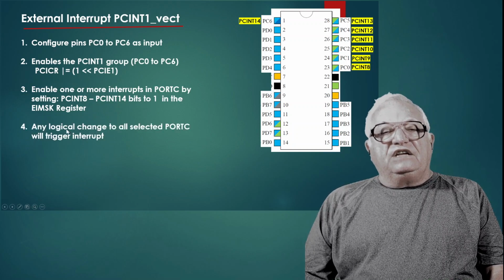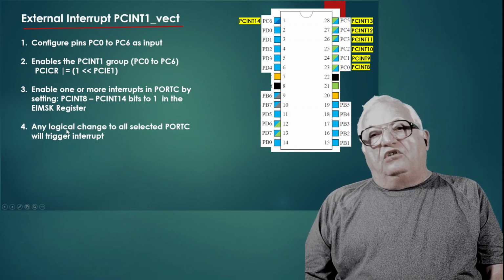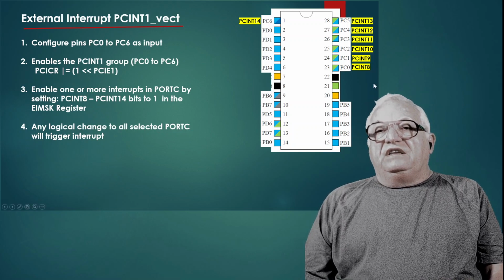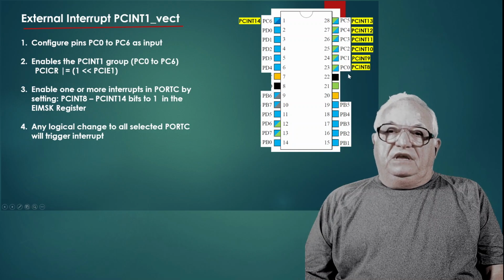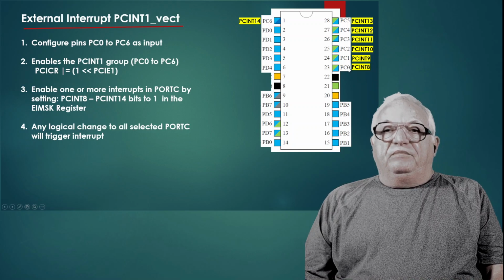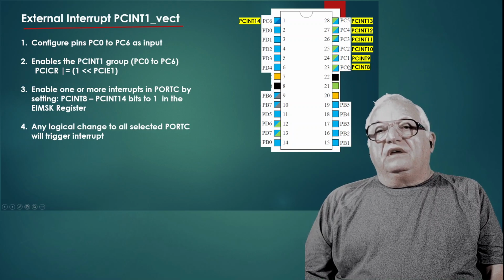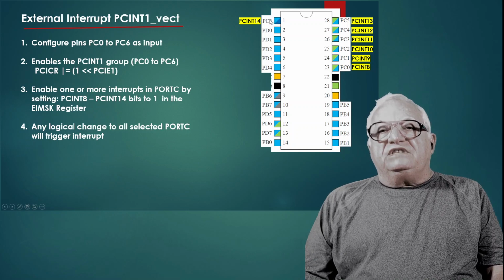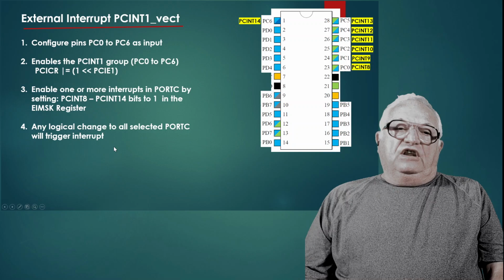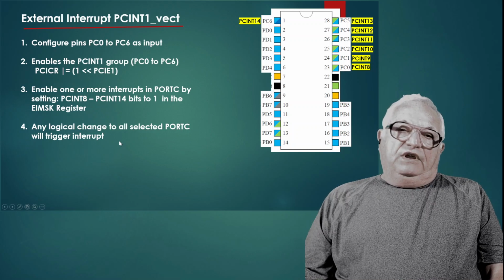Again, as I noted before, any change in logic will trigger an interrupt. So any change in the logical value from port C0 to port C6 will trigger an interrupt.